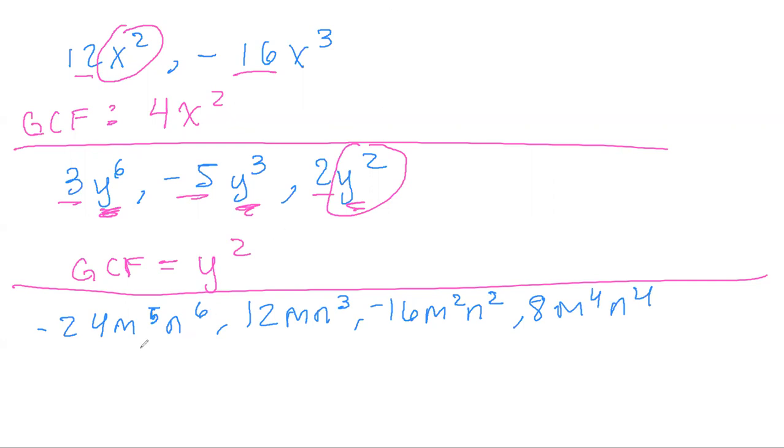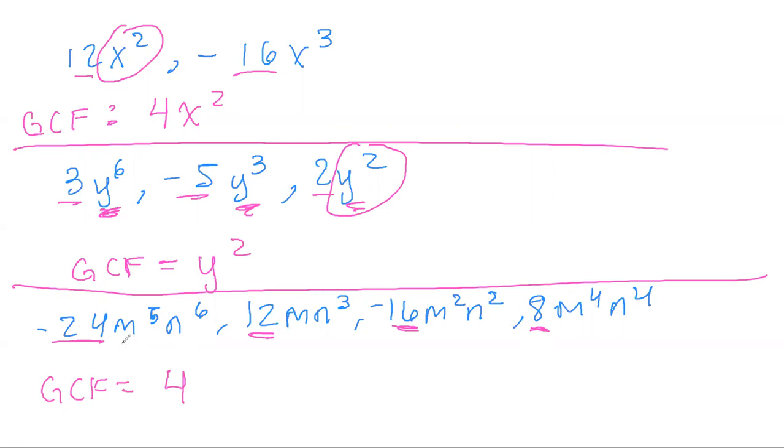So again, I start off by looking at the coefficients here: negative 24, 12, negative 16, and 8. So the highest number that they would all share is, I believe, just 4. And you could do negative or positive 4. I honestly don't think it would matter too much.